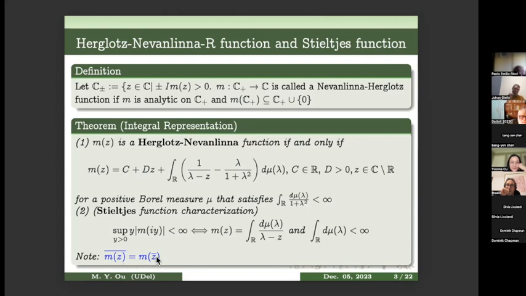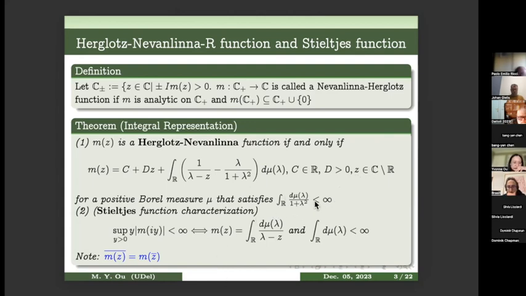This tells me that if I have a function value on the upper half plane, then I take the complex conjugate point and I get its value on the lower half plane. This is a symmetry of the Herglotz-Nevanlinna function. And in general, this Borel measure will not have finite mass.